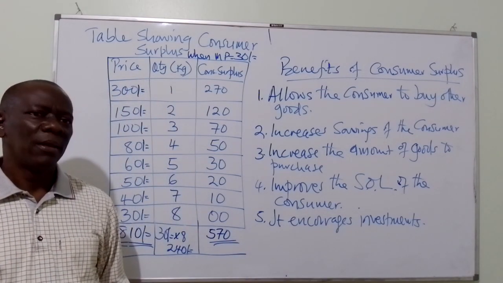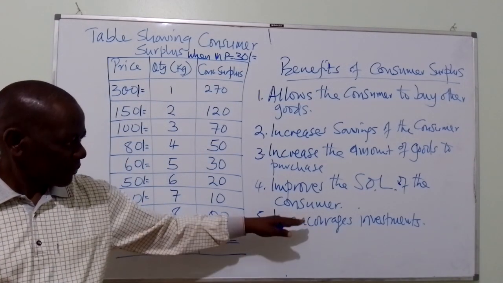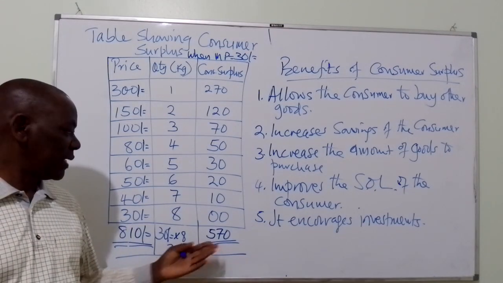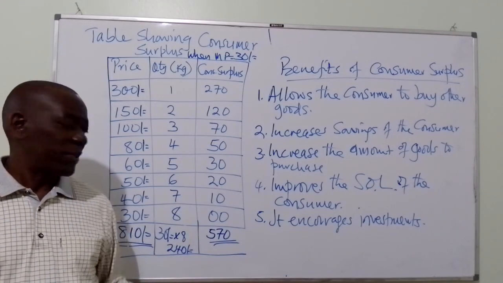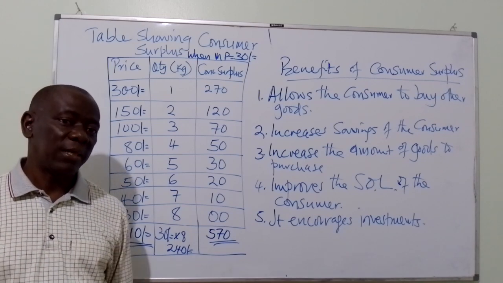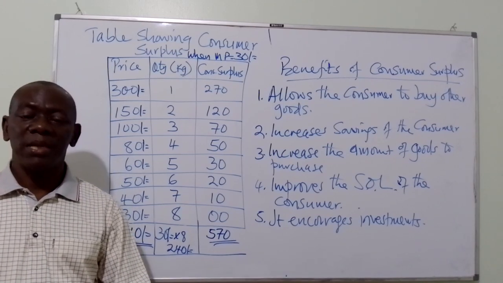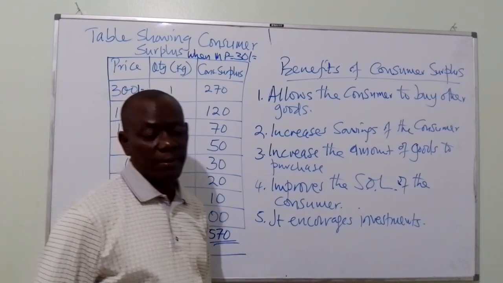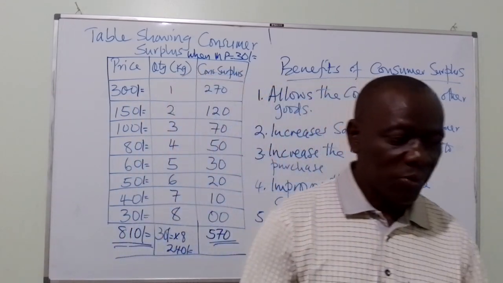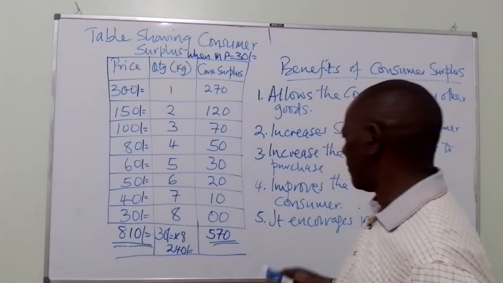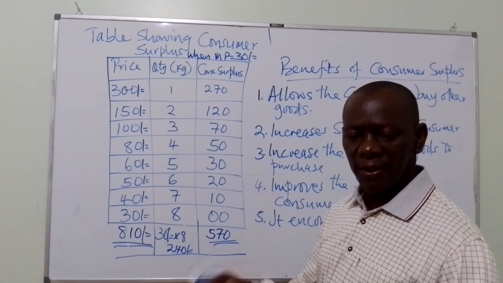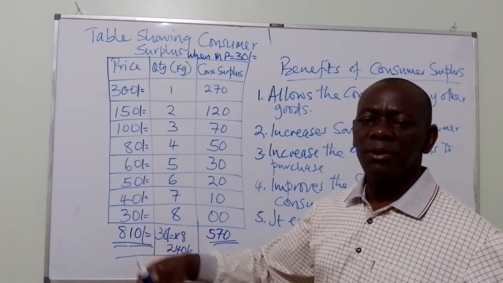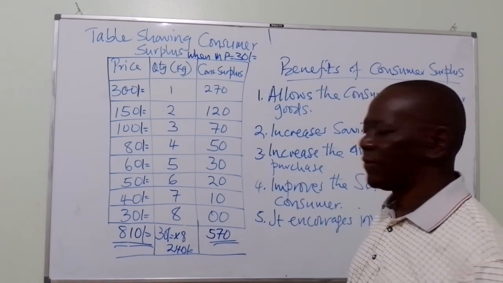Why? Because he has saved 570. If he saves such on about 10 items, he can use that money to make investment elsewhere. He can make his own investment. So that is another advantage, that he is going to be able to make various investments.